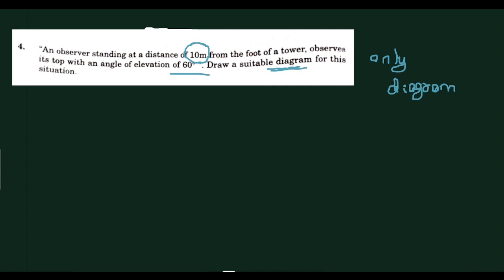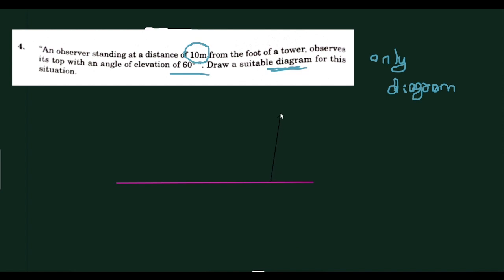Now, what is happening in the situation in the question? An observer is standing at a distance of 10 meters from the foot of a tower. So let's consider this is the ground, and on this ground we have one tower.